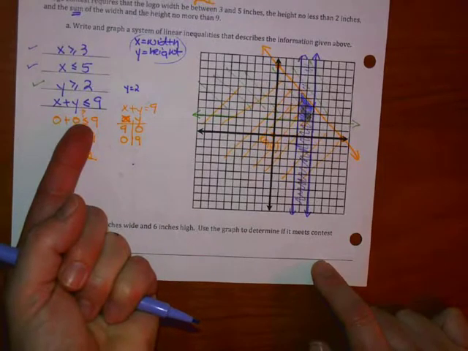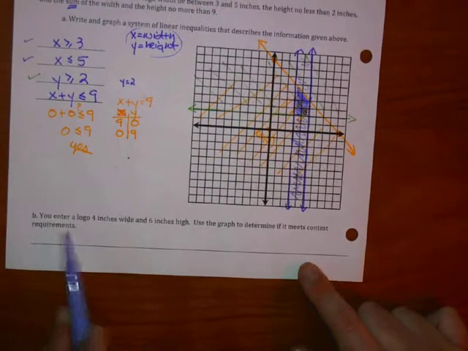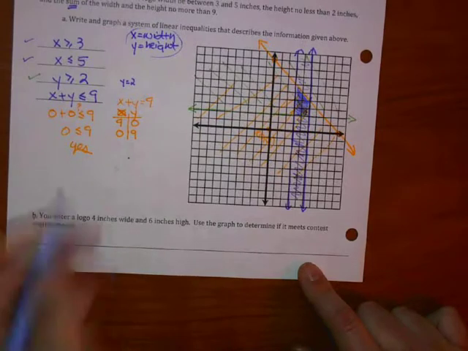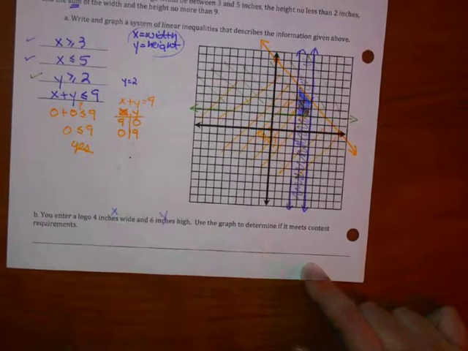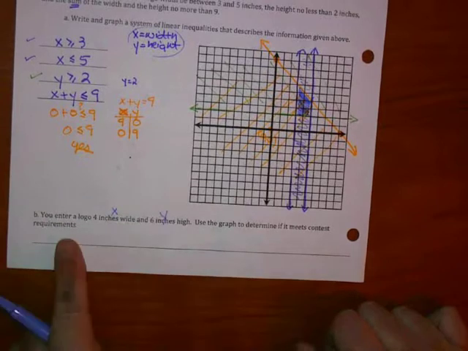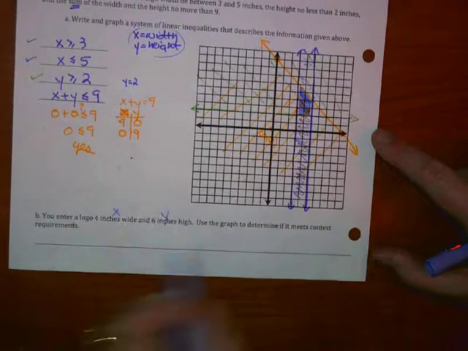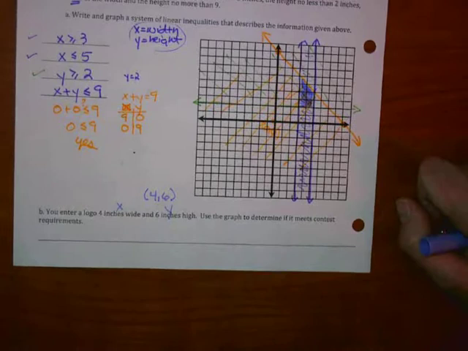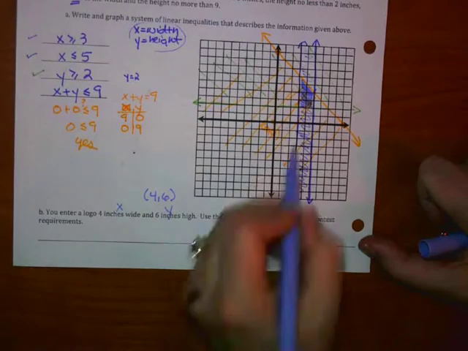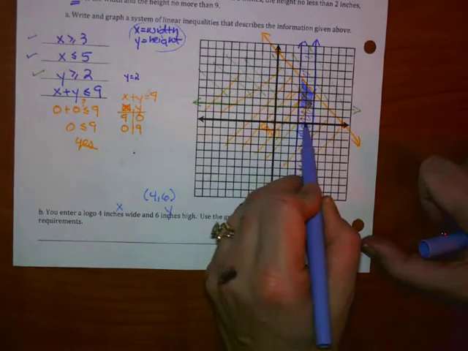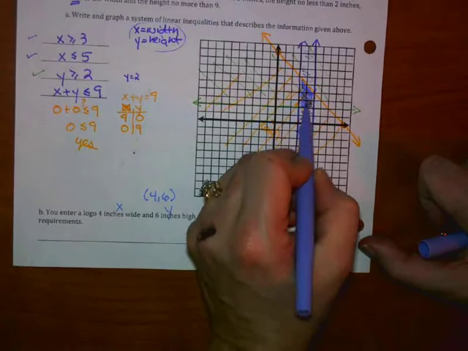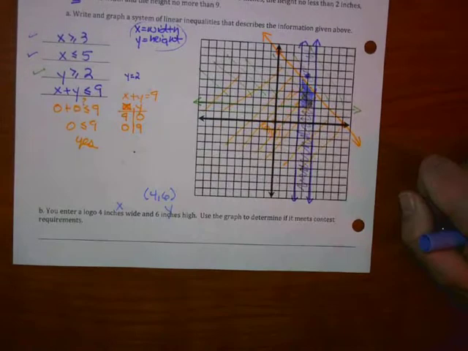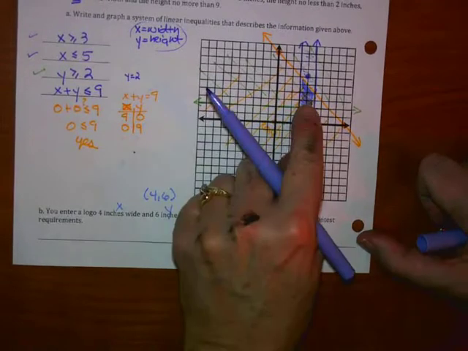Okay, so let's use that to answer this question. You enter a logo that's 4 inches wide. Remember, this is X, and this is 6 inches high. Use the graph to determine if it meets contest requirements. So this is telling me go over 4 and up 6 and see where that point is. Over 4, 1, 2, 3, 4. Up 6, 1, 2, 3, 4, 5, 6. Oh, that point right there does not fall in my shaded area.